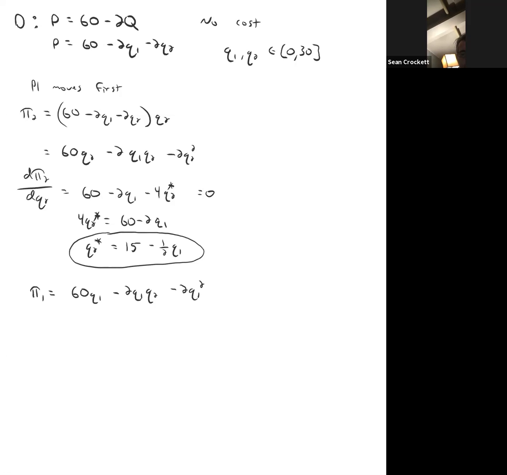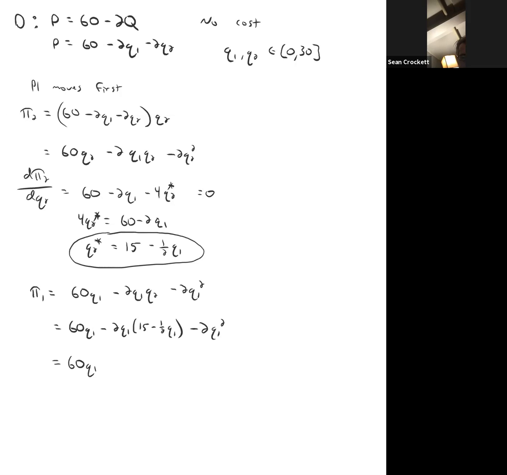And now we're going to substitute the best response function of player 2 into the profit function for player 1. So we get 60 Q1 minus 2Q1 times Q2 minus 2Q1 squared. And we'll expand this one out.